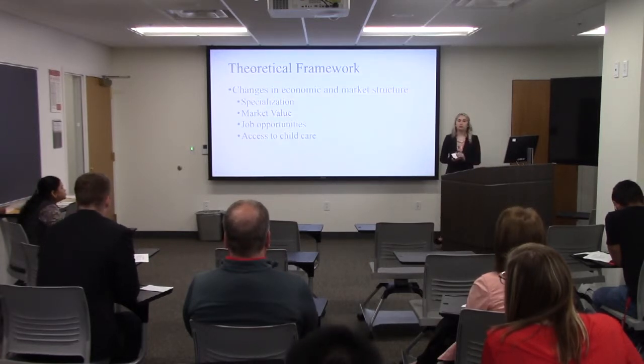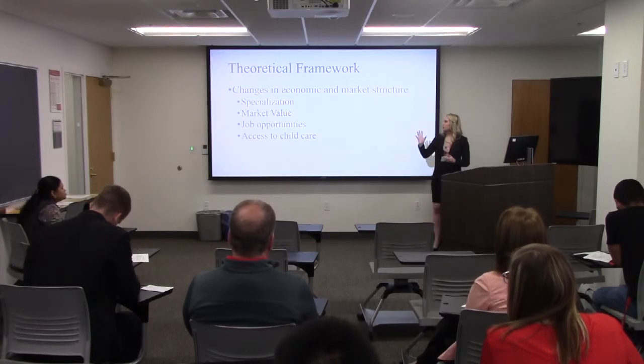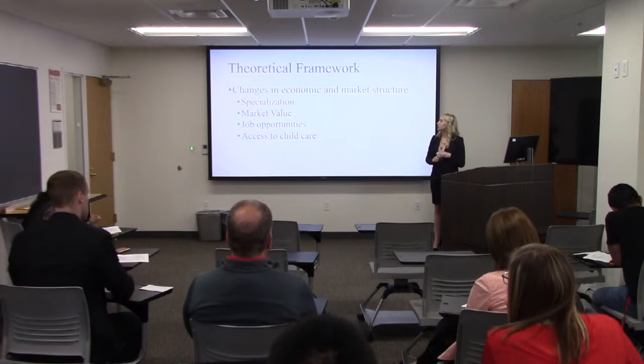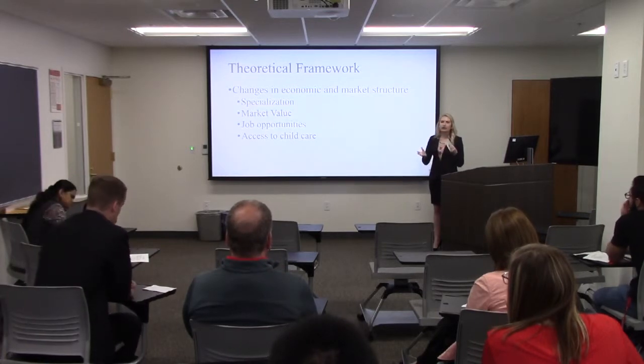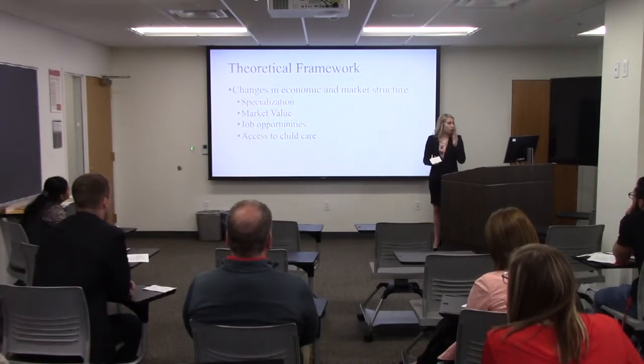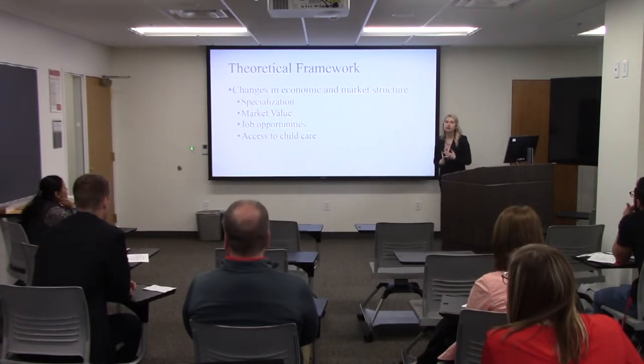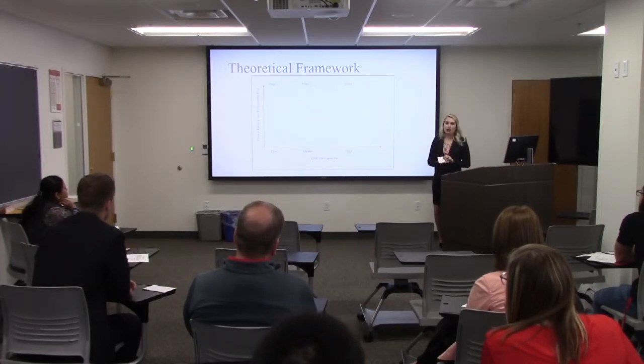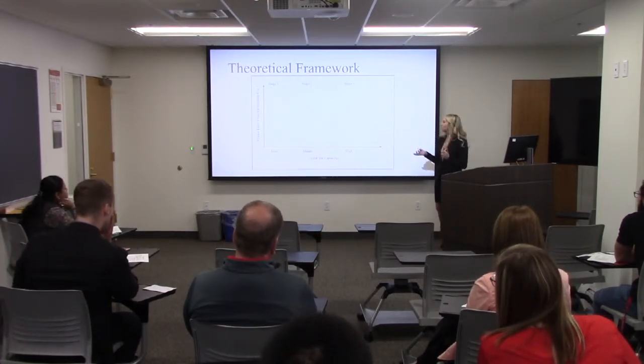So for the theoretical framework, just some ideas that I thought would affect female labor force participation and income levels as the economy changes were things like specialization, the market value of labor, job opportunities available for females, and access to childcare. So this is the U-shape that I was hoping to see, and I broke it up into different stages.